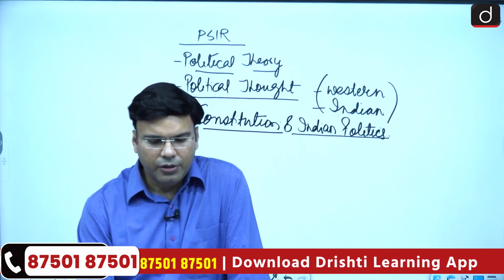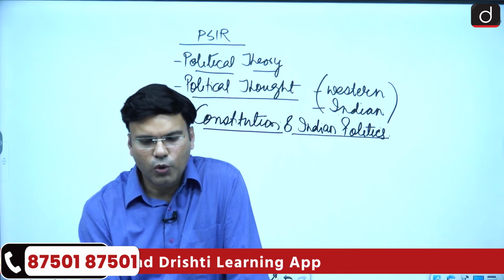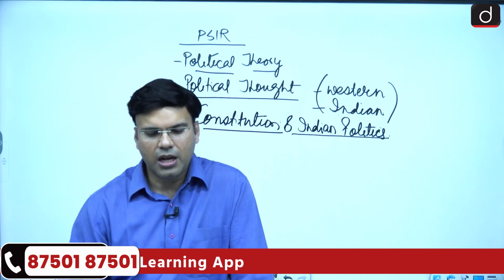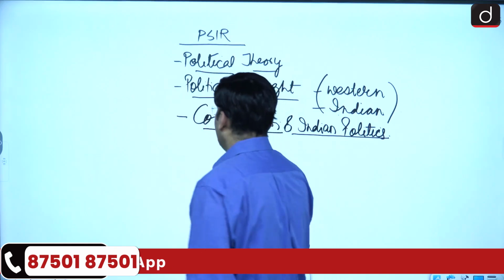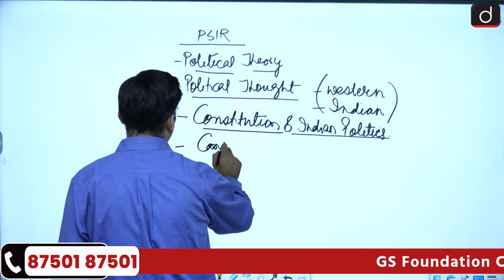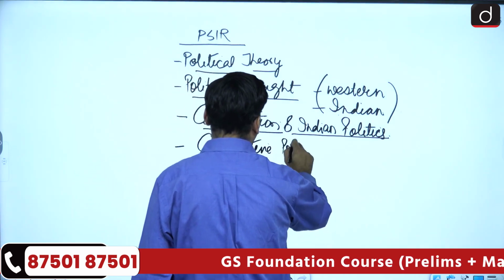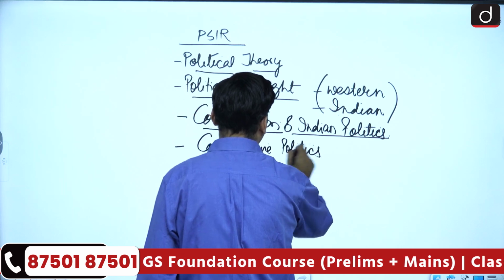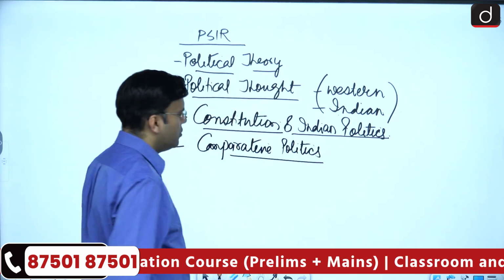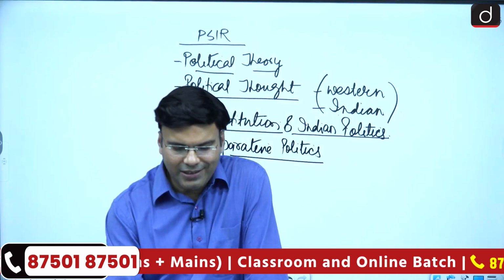And then we also have two other major themes to look at. While reading, we also have to know a bit about the comparative aspect of politics, some of the major themes that explain comparative politics.